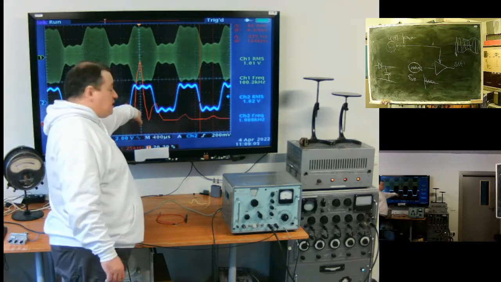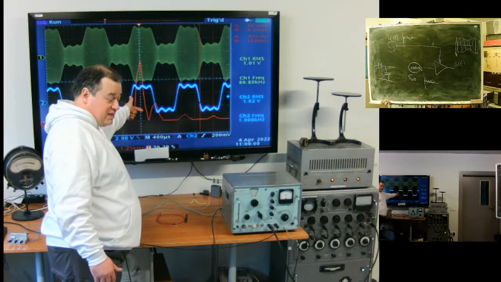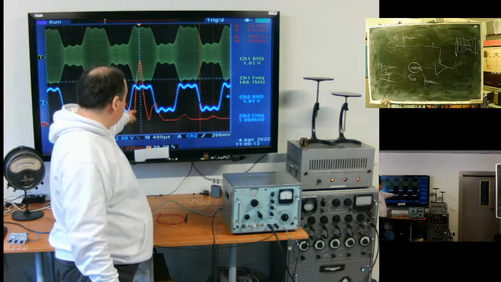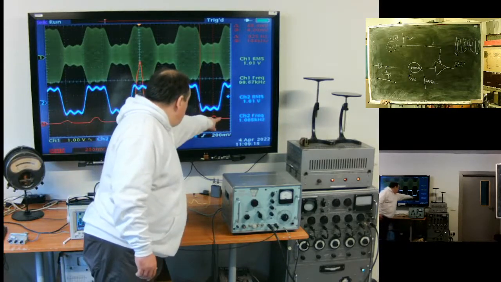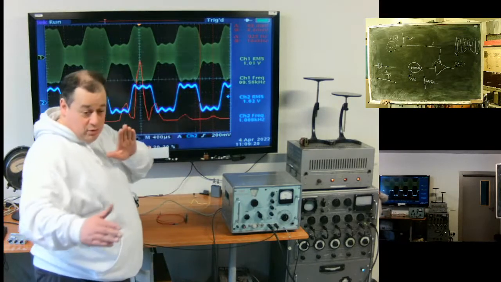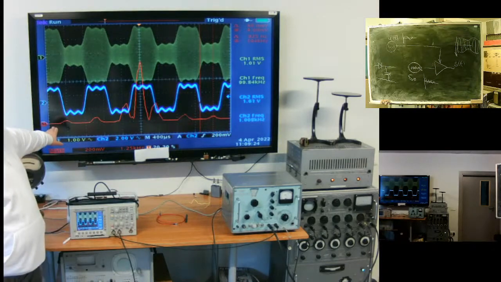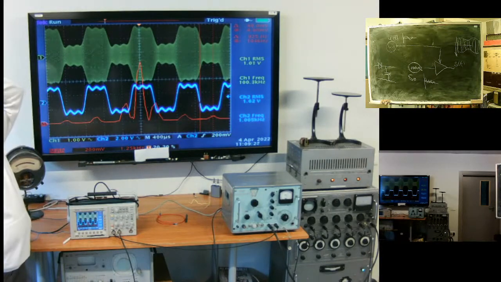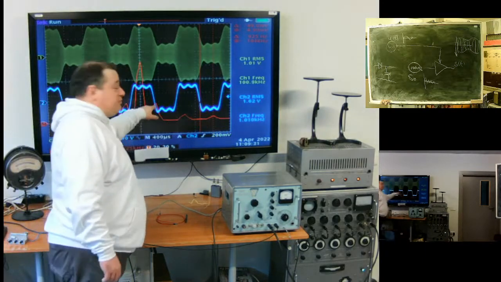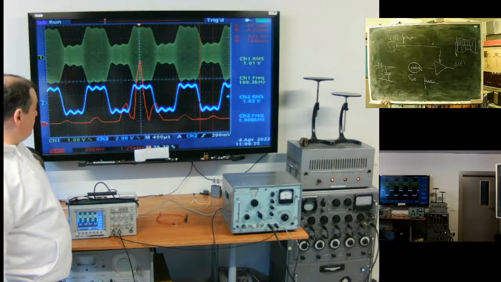This central part is useless. It's not carrying any information, it's just based on energy. Useful information spreads to the upper sideband, and the same as a mirror to the lower sideband. In fact, only this part would be enough for information transfer.